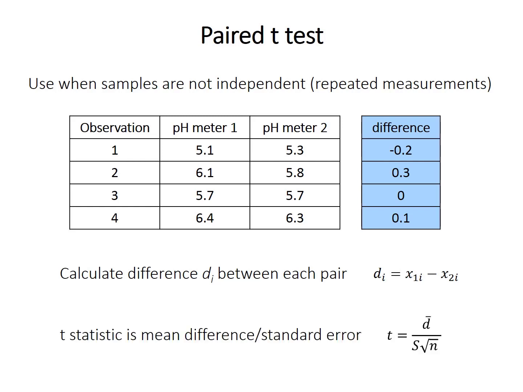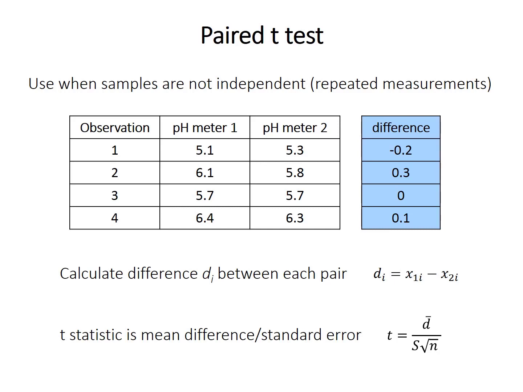So the t-statistic, instead of being the difference between sample means, is now the mean difference between paired measurements. And then, just like before, it's divided by the standard error. In this case, the standard error is also calculated from those differences and not from the raw data.